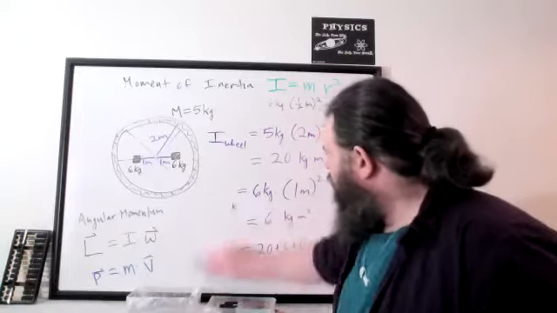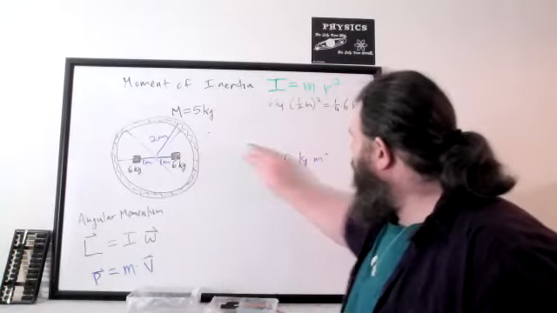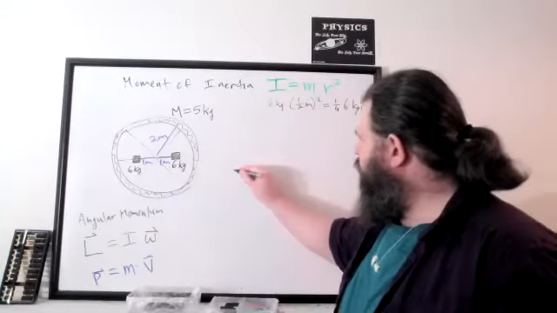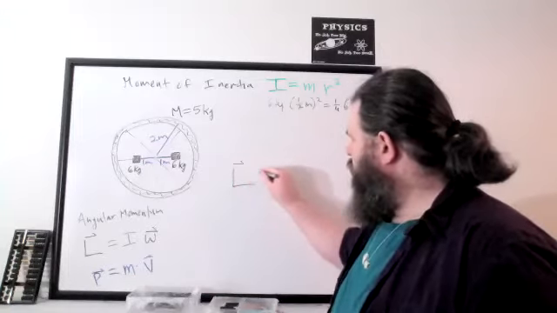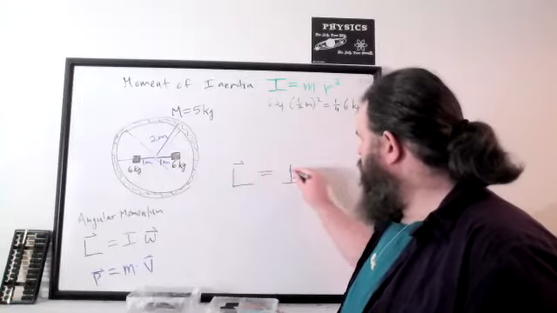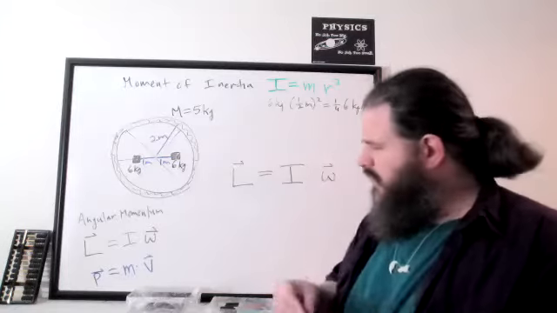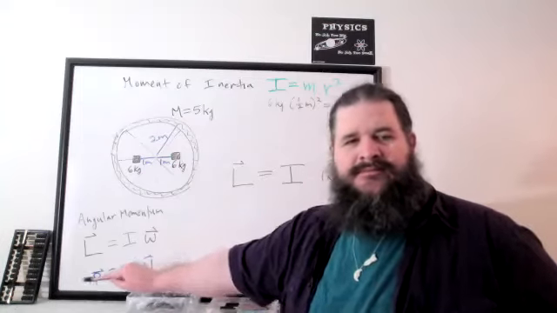And one of the really interesting results of that, if we go back to the idea of angular momentum, what's the only way you can change the translational momentum of an object?